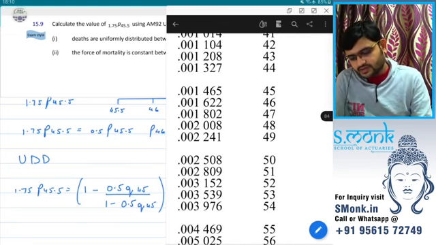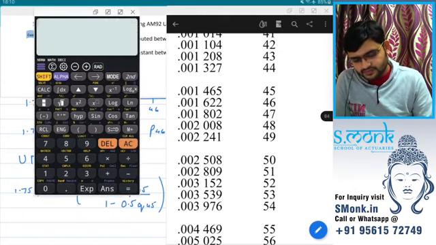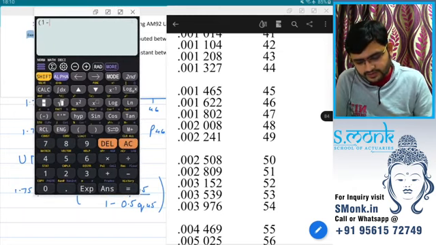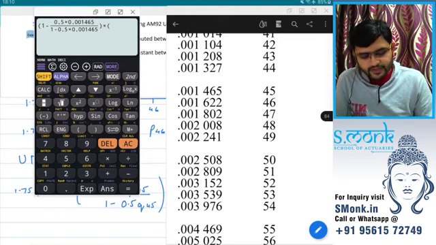In the bracket, 1 minus 0.5 into q45, which is 0.001465, on 1 minus 0.5 times that. Then for the next one, p46, we'll just write 1 minus q46.